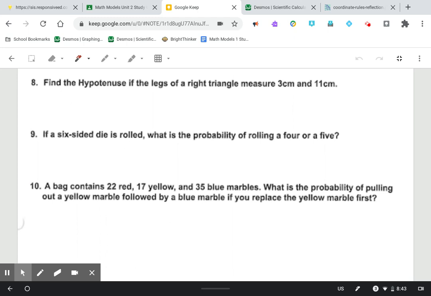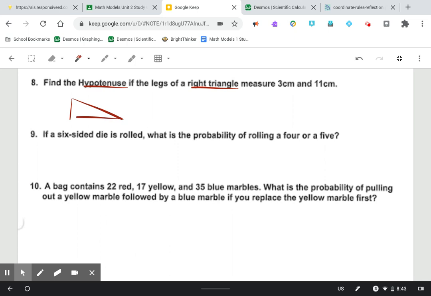So first thing we have here is a Pythagorean theorem problem. We should recognize that by the fact that it says hypotenuse and right triangle. So we know we're dealing with Pythagorean theorem. We could draw a triangle to represent this.